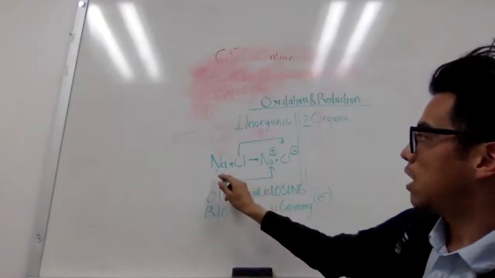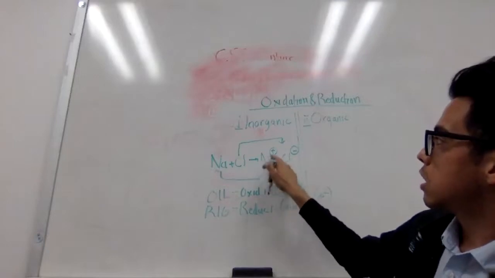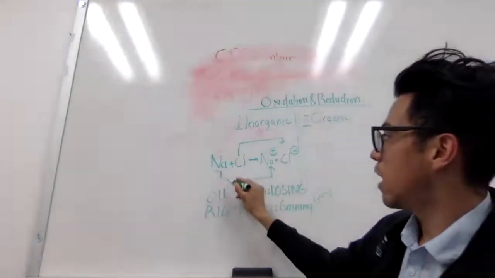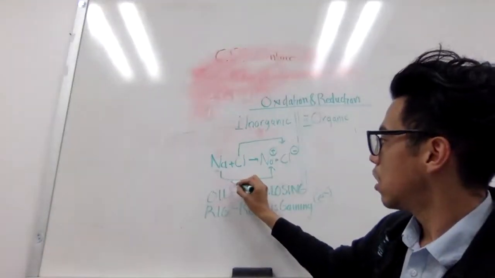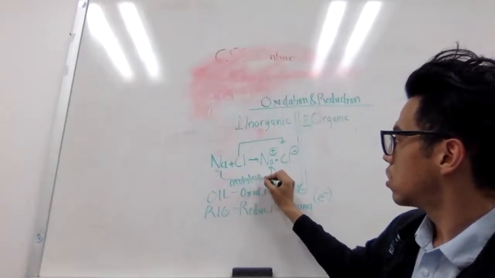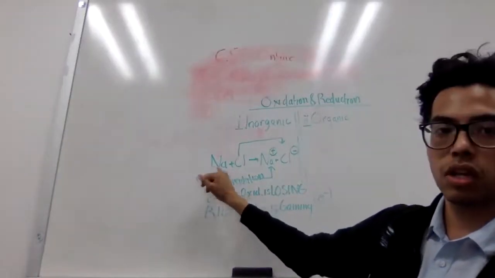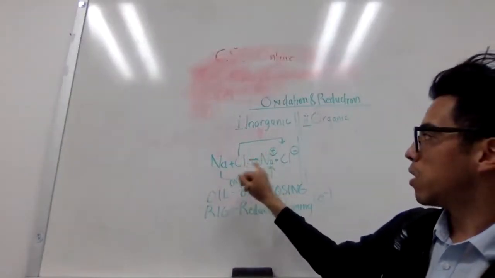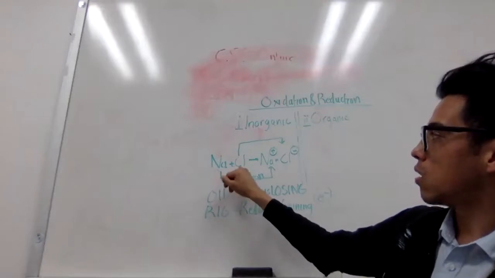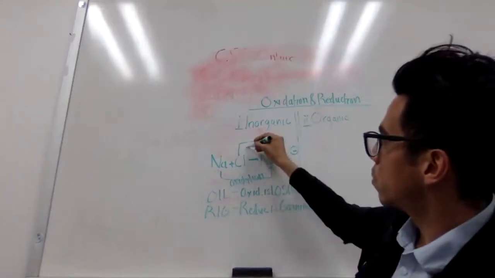Sodium is going to lose an electron and become positive, and for that we call it oxidation. However, the chlorine is going to gain an electron and therefore become negative. And so that's what we call reduction.